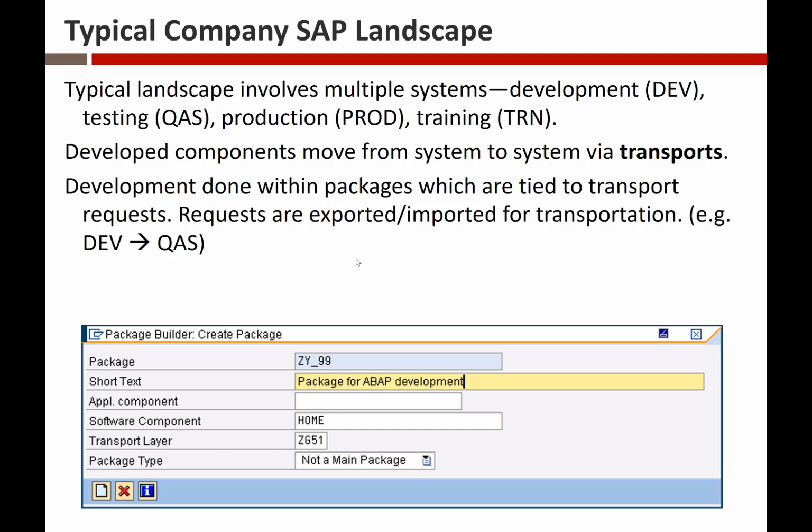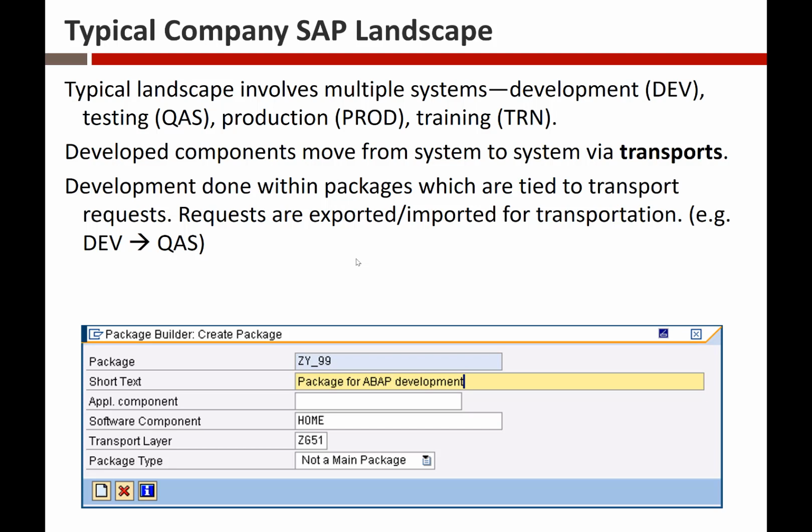And so when we're done with this project, or think we're done, and we're now ready to test it, we will transport this transport from development to quality assurance, and all of the code that's a part of Project Apollo will move to that other system.